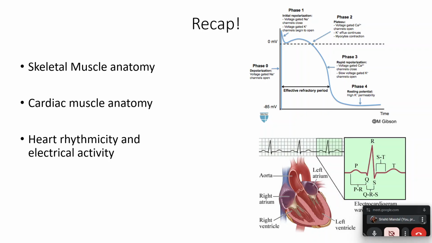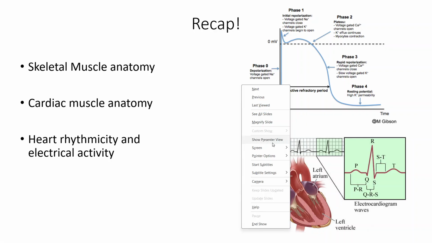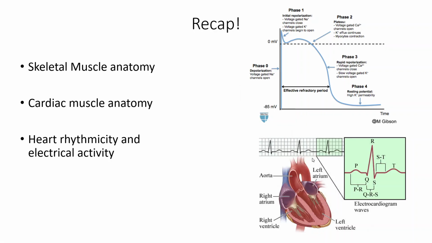And we learned about how the different events during electrical activity in the heart take place. So if you're sitting at the ventricles, the ventricular musculature of the heart, then you see these different phases of depolarization and repolarization.